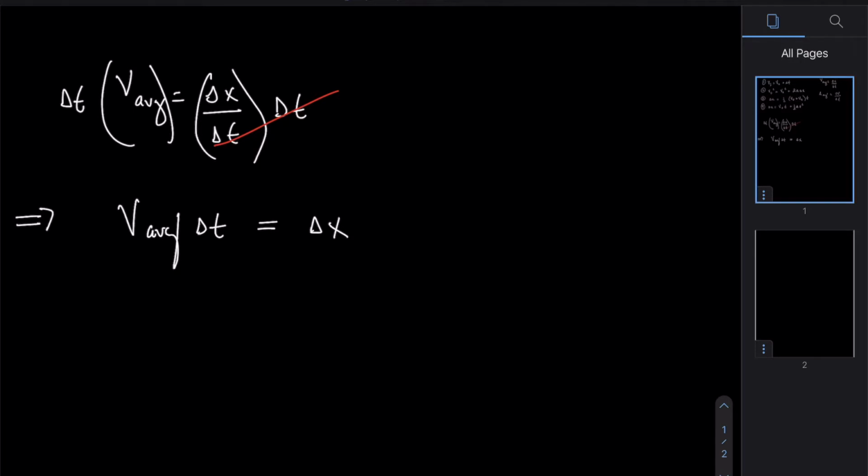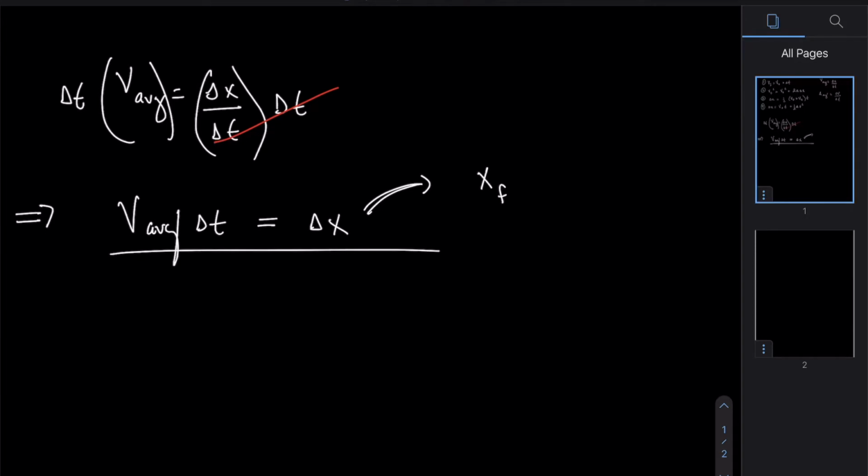So now that we have solved this, realize that you can rewrite delta x as the final position minus the initial position, over the final time minus the initial time, right?